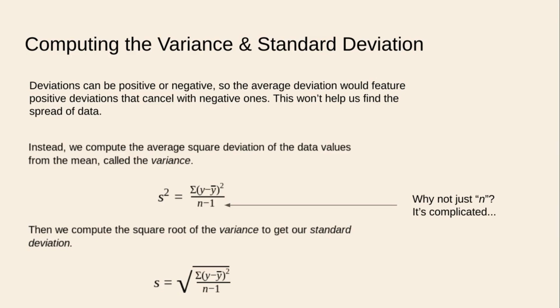So the average squared distance is this guy right here. We say take each data value, subtract the mean, square it, and keep doing that for all the data values. Y is a stand-in for a data value. We subtract the mean of all the data values, and we square it.